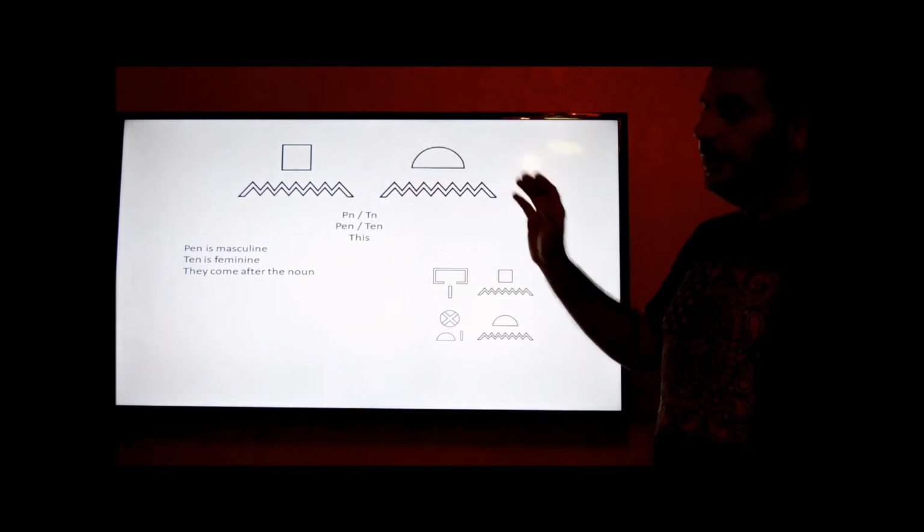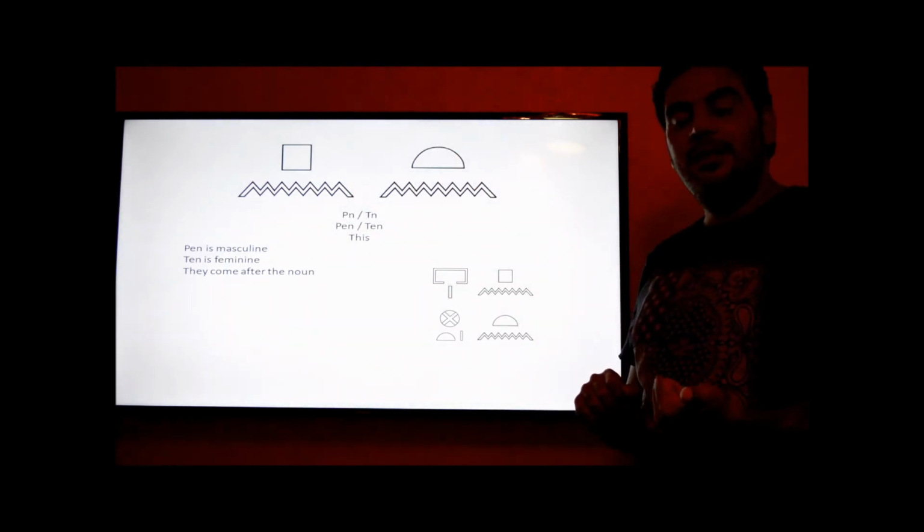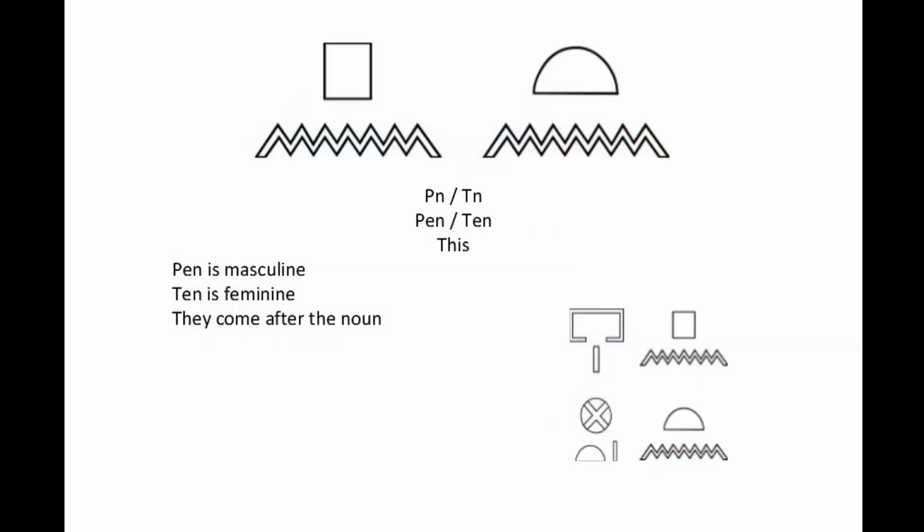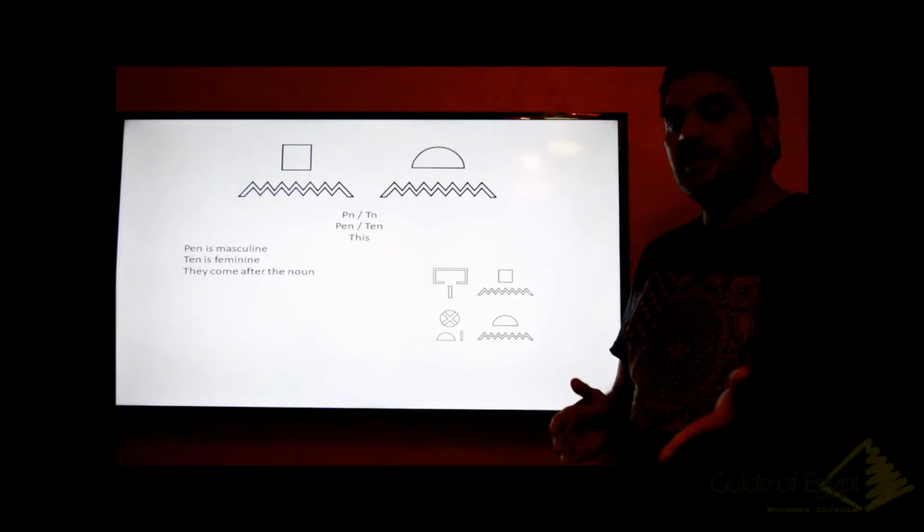Ben, ten. This or that. It means this man, this woman. Ben will be used for masculine, this man. Ben is. This woman, ten set. But shall we say it like this way? No. It comes after the noun.